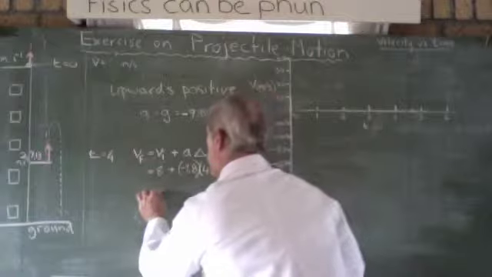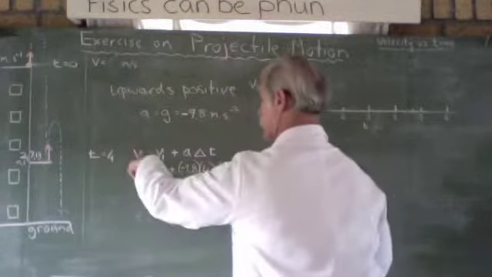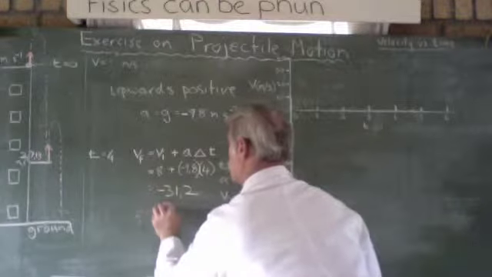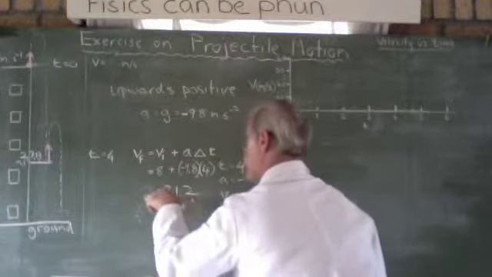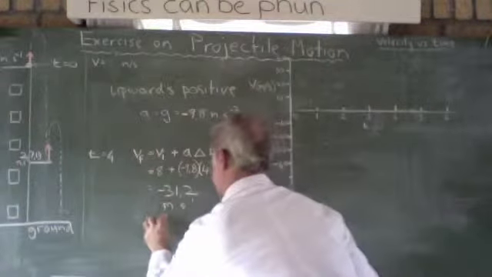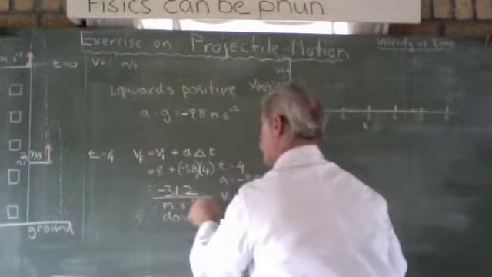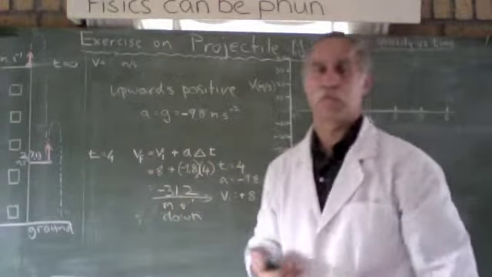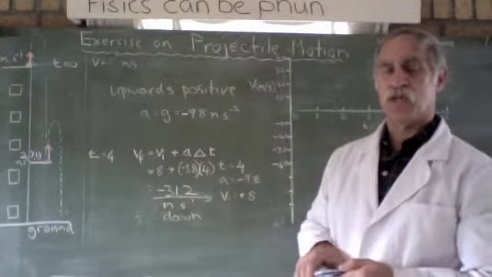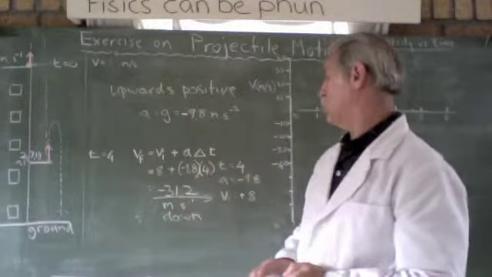V final must be minus 31,2 meters per second. Upwards is positive, so that is down. And there we go. There's our answer. So after 4 seconds, the ball will be traveling at minus 31,2 meters per second.